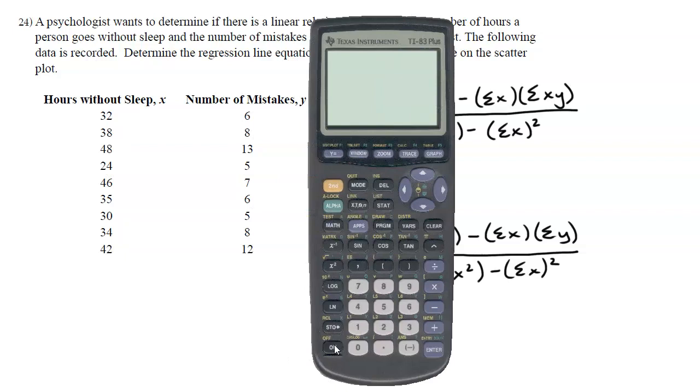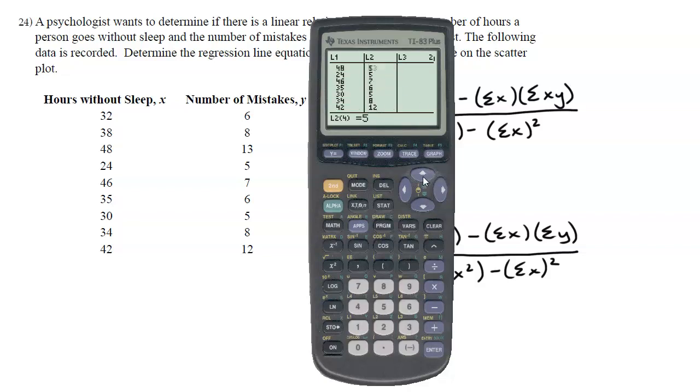So let's enter all of these values, the x values in L1: 32, 38, 48, 24, 46, 35, 30, 34, 42, and making sure that we enter the L2 values, the y values, corresponding to those x values. So 6, 8, 13, 5, 7, 6, 5, 8, 12.